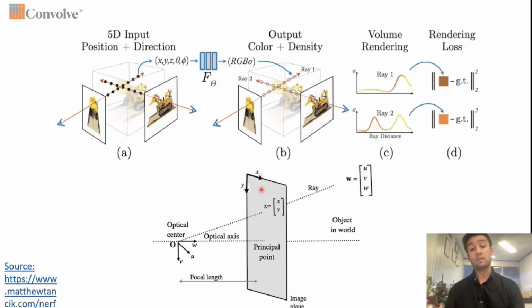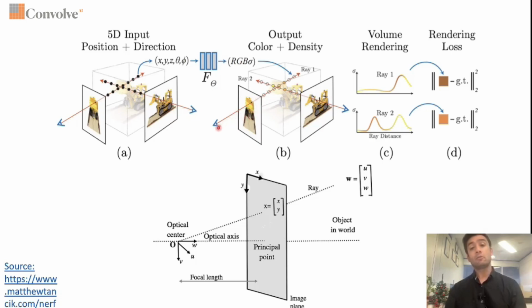So this is the image plane, and when a ray hits this image plane, that's what you define as a pixel. Now for each optical center of the camera, there are different rays thrown out of the optical center into the world, and each ray will define a pixel in the image.